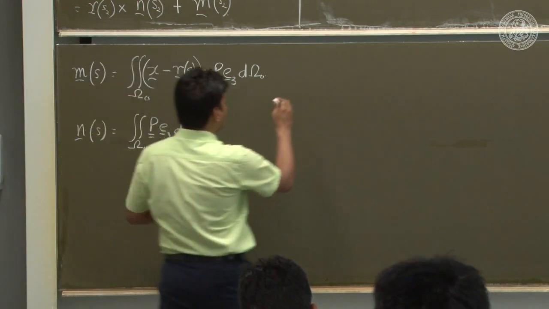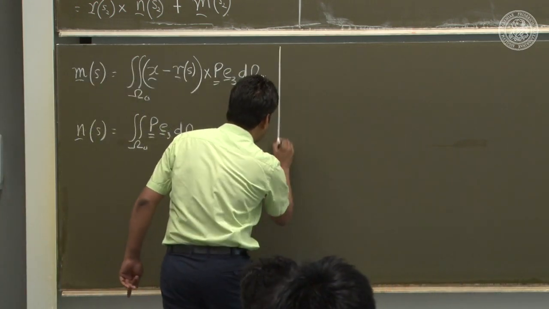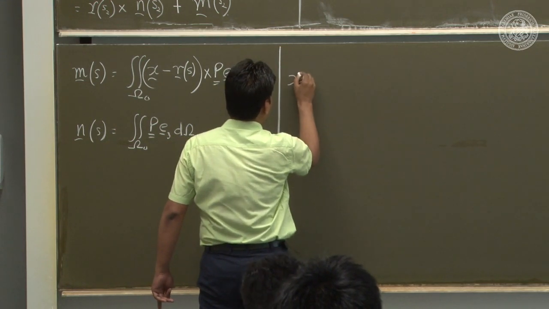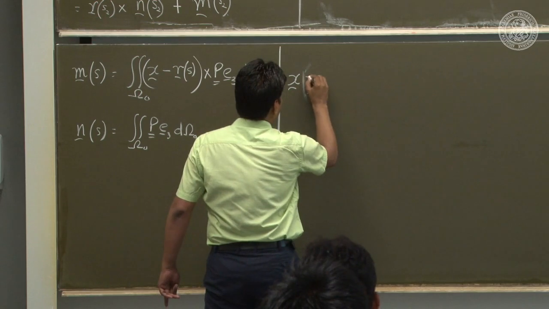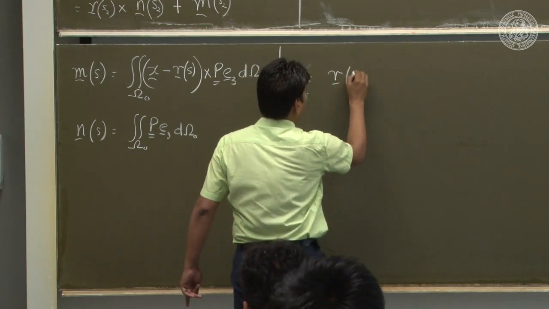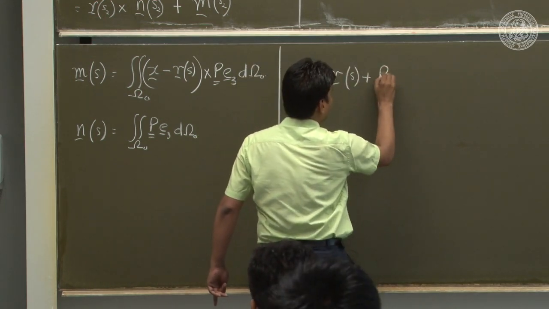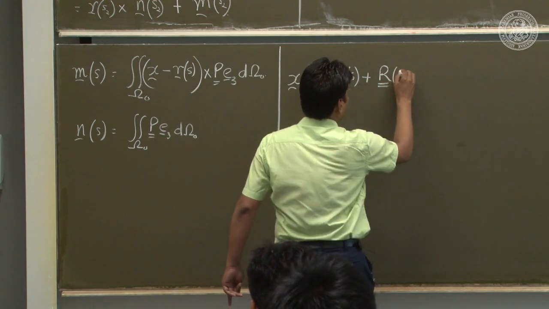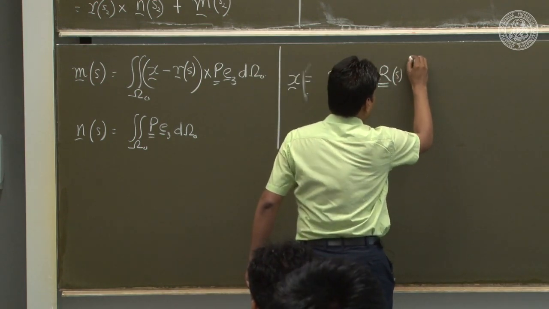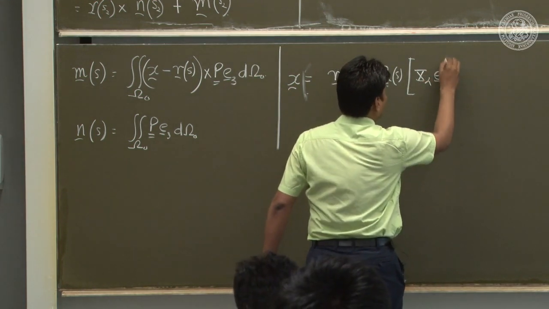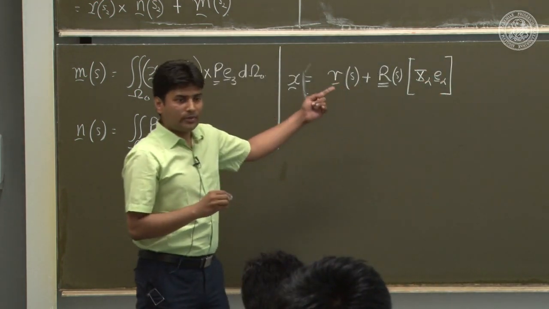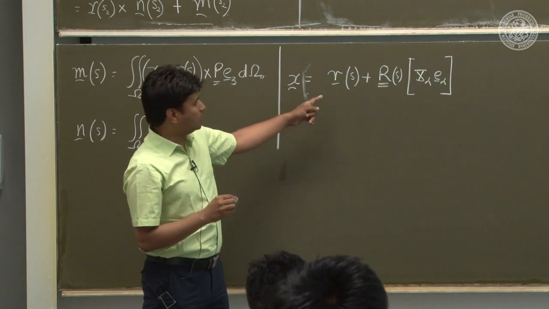Now if we use that constrained deformation map, which is small x equal to little r of s plus big R of s times x alpha E alpha, you take the deformation gradient. This is constrained kinematics.